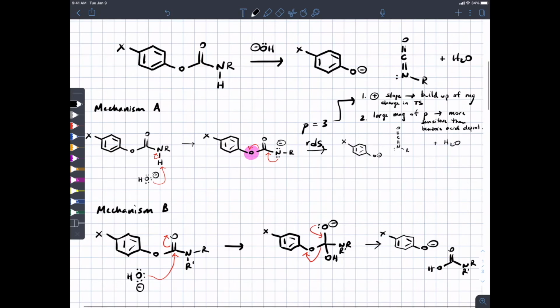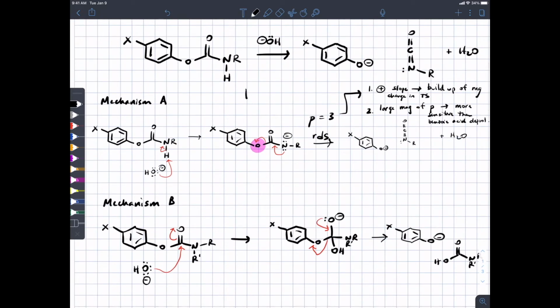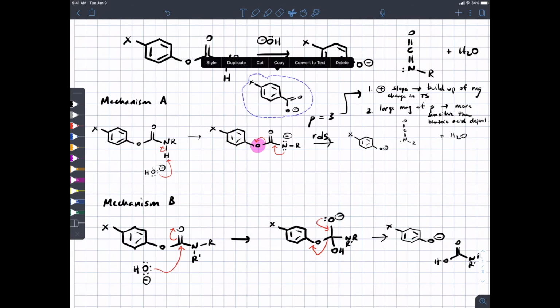Any sense for why that would be the case? And let me just show you the corresponding structure from the benzoic acid deprotonation. Why might you expect mechanism A to be more sensitive than the benzoic acid reaction where rho equals 1?